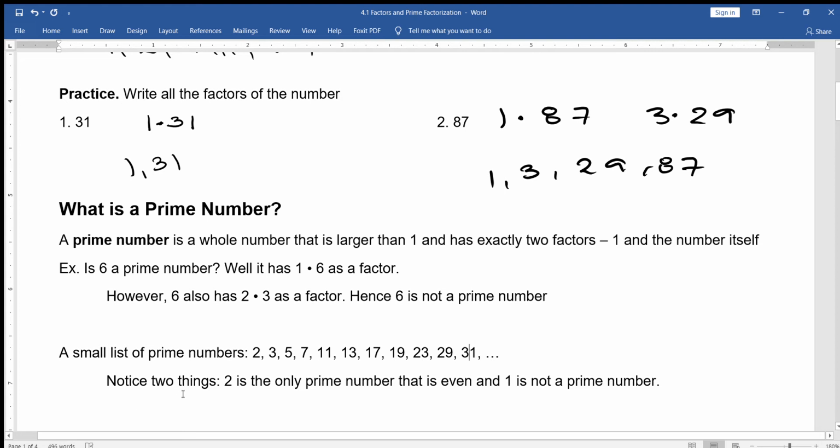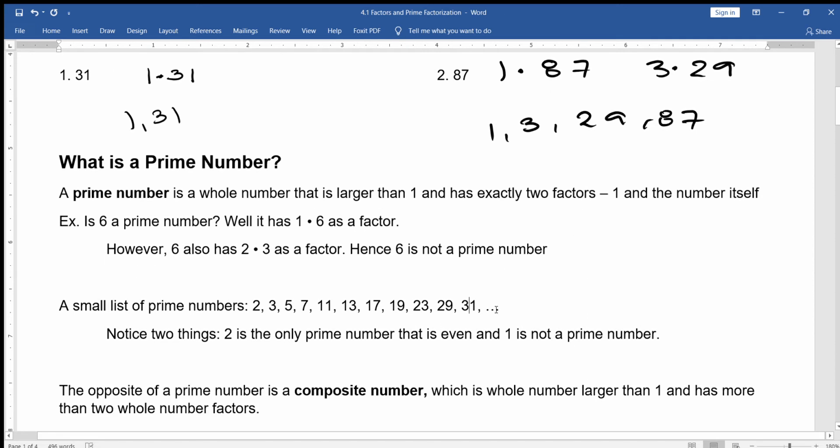So notice two things. 2 is the only prime number that is even, and 1 cannot be a prime number. The opposite of a prime number is a composite number, which is a whole number larger than 1 and has more than 2 whole number factors.